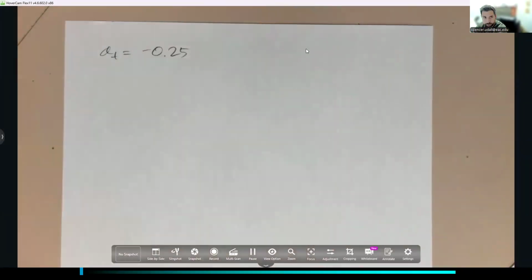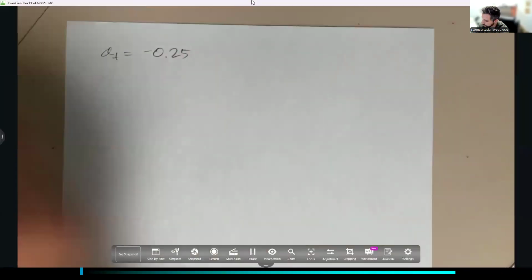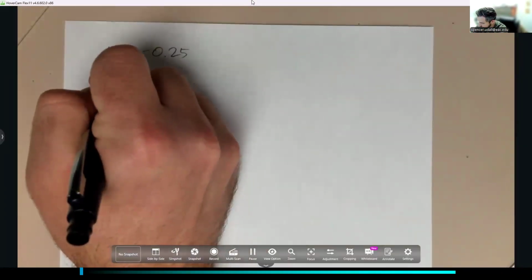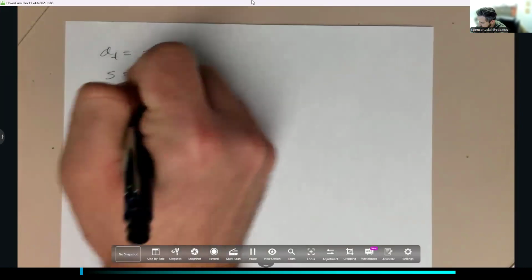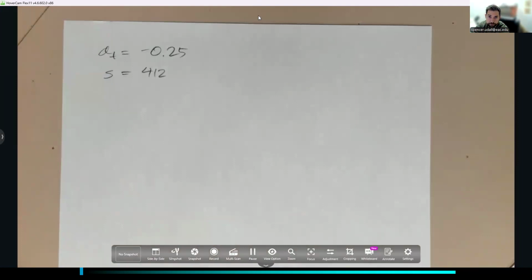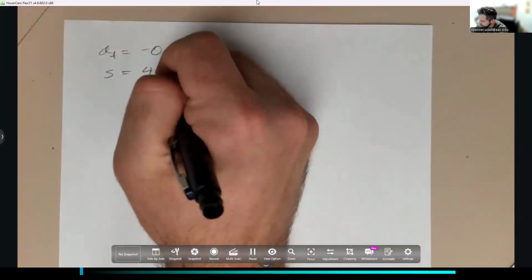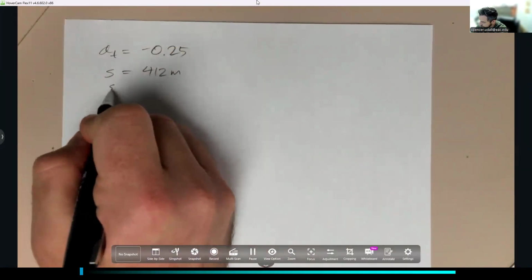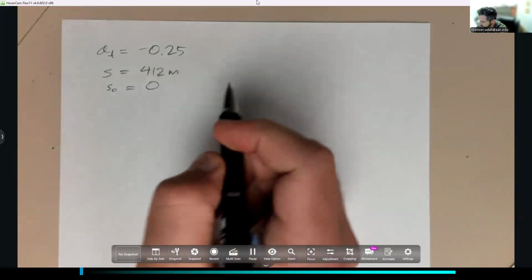Then if I'm going from point A to point B over the course of 412 meters, then my final position is 412.5. Is that what we said? Nope, just 412 meters. My S initial could be 0.